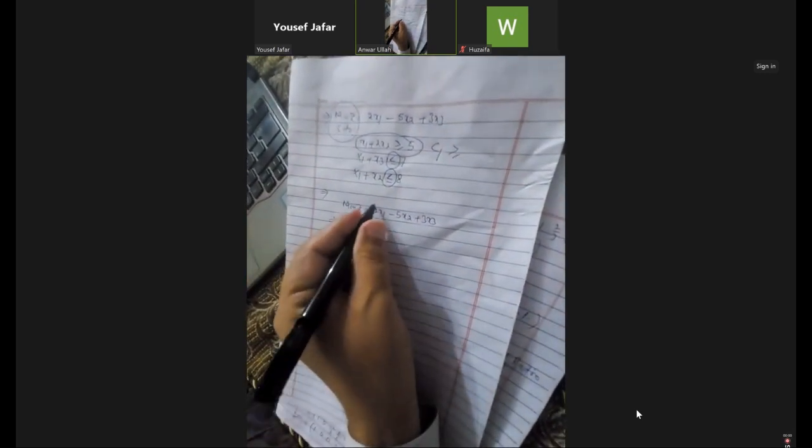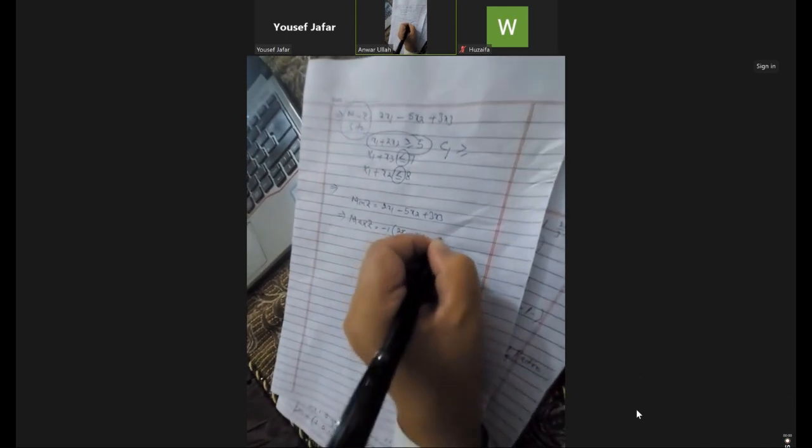For example, minimize z is equal to 2x1 minus 5x2 plus 3x3. Now, in the same way, this problem will become a maximization if we multiply the right hand side with -1.